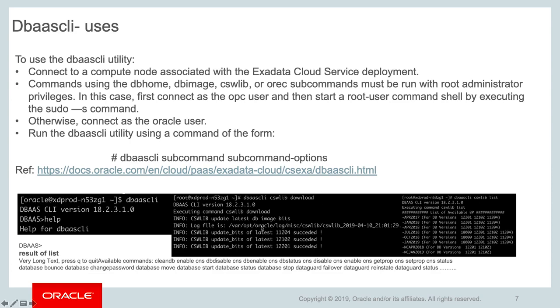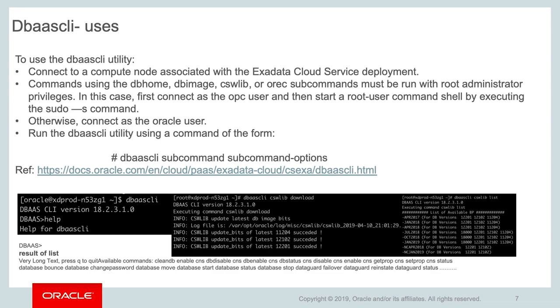Another example I'm showing here is how you can update your software library. You will have to give debug CLI cswlib download. What this command does is get the latest database images for the XRCS environment, depending on how many database homes you have and the highest level of database home.